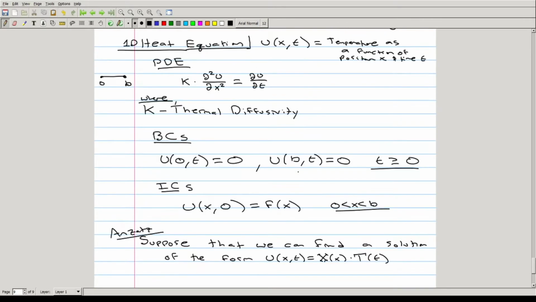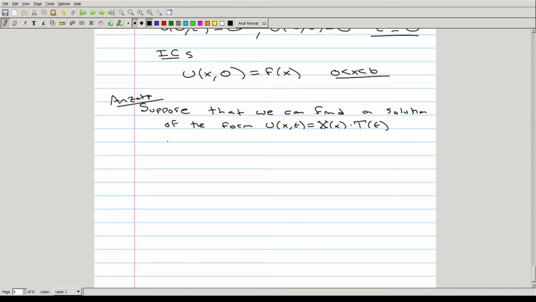We'll call the PDE star, and we're going to substitute this assumption, or this ansatz, into star and see what that implies about a separable solution of the PDE.